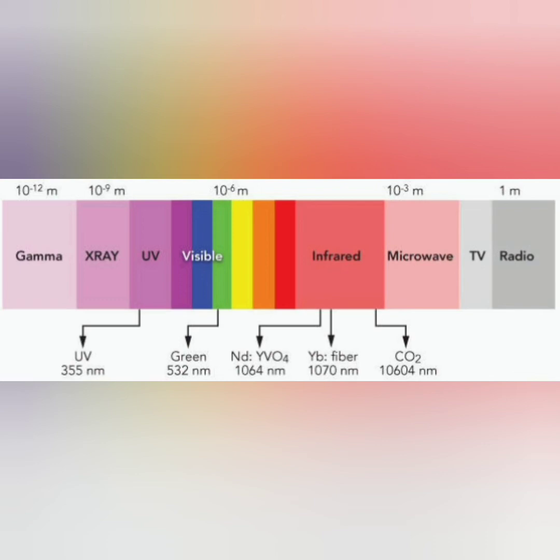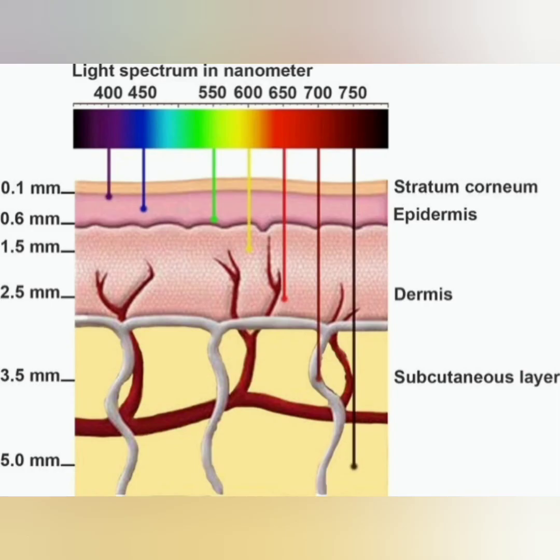Now these wavelengths you have to keep in mind to treat different cosmetic problems of the skin, because every filter has different wavelengths. So you have to choose the proper filters with proper wavelengths to treat the specific cosmetic lesions.